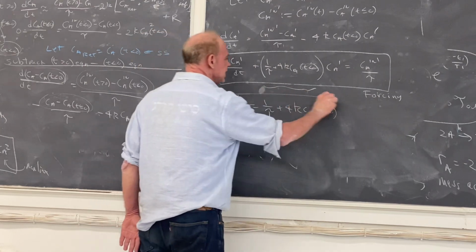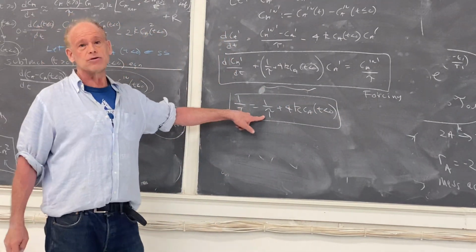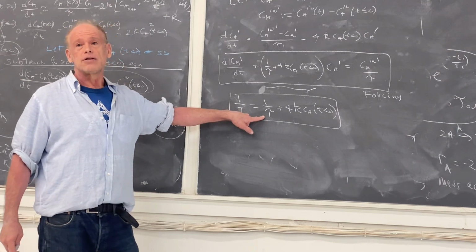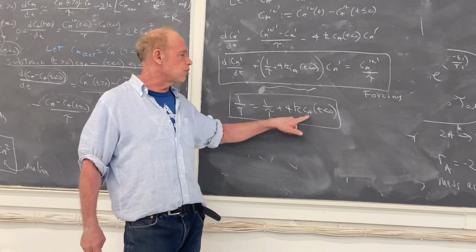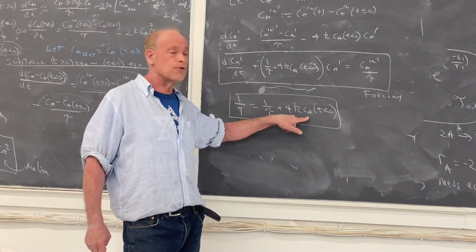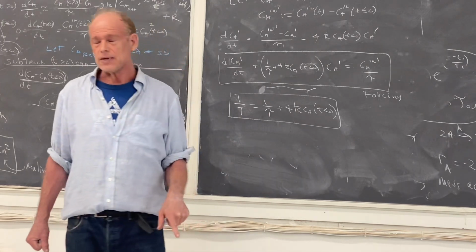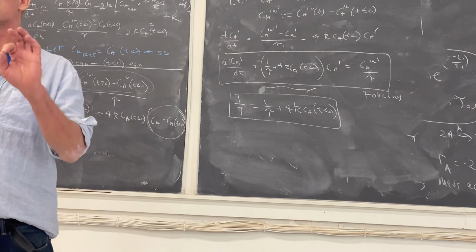And what you can see here is the time constant now not only depends on the volume and the volumetric flow rate of the reactor, but it also depends on the reaction and the value of the concentration before I made the switch. This is true of nonlinear reactions.